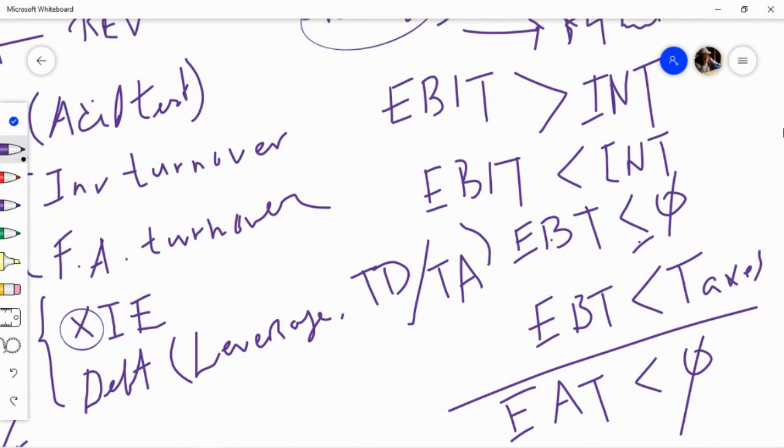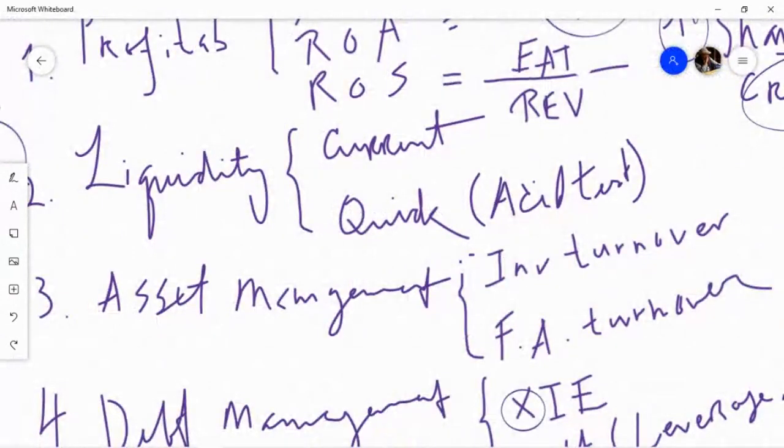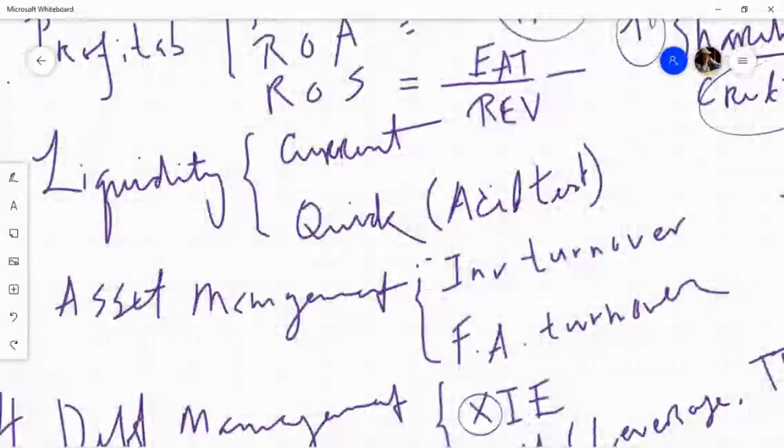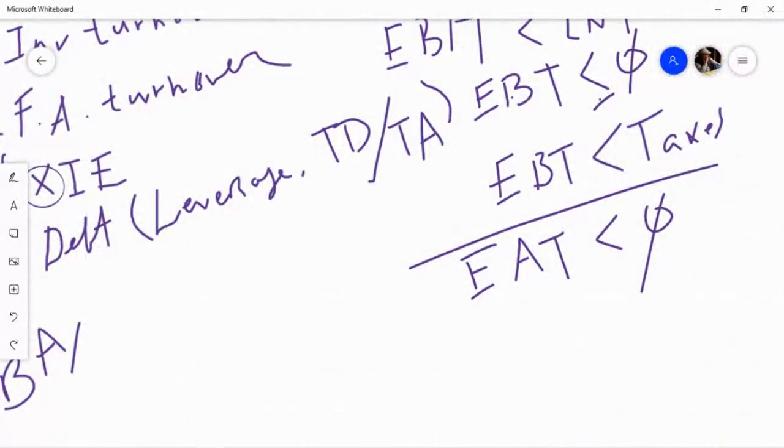And interest payment is a current liability. That's where liquidity ratios come into play. So they don't have any liquidity.